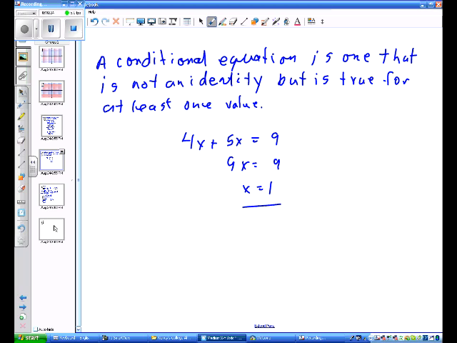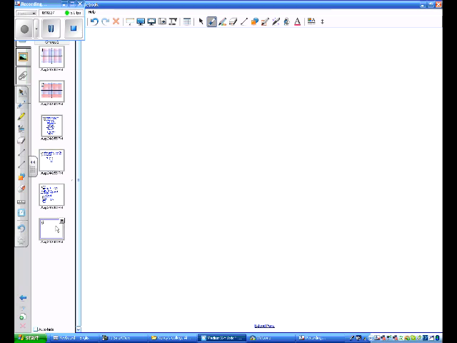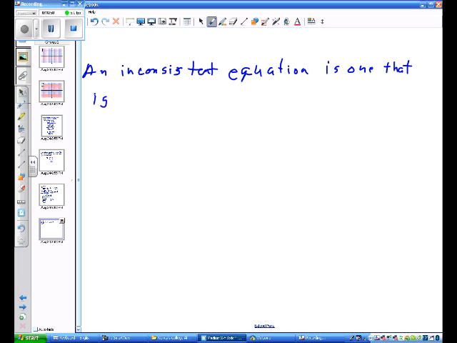The third type of equation that we want to look at is one that's called inconsistent. So an inconsistent equation is one that is not true for any value.